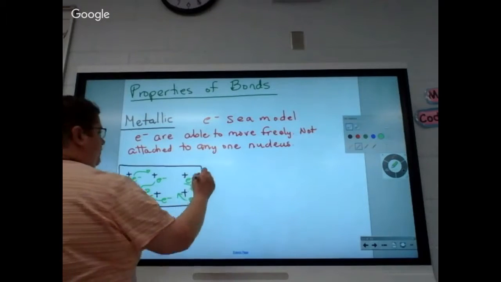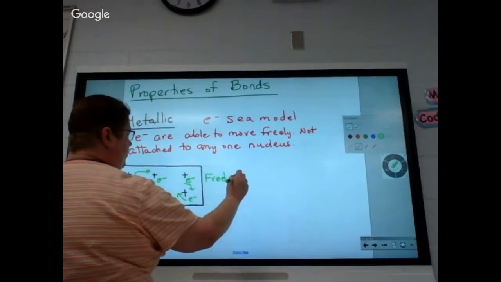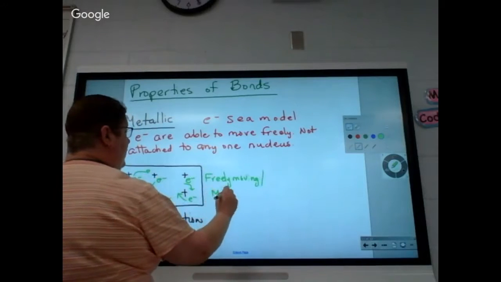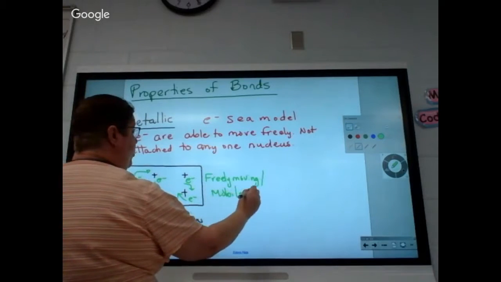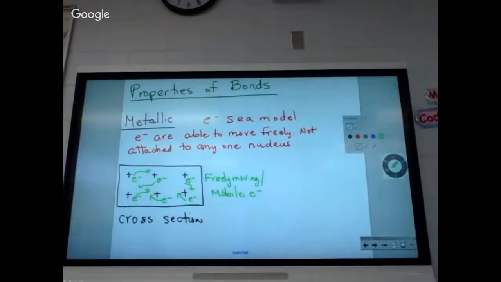Okay? These are freely moving or mobile electrons. Now, no other bond that we talk about has that property because metallic bonds have mobile electrons.